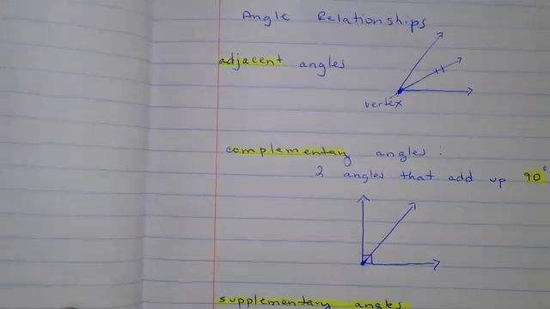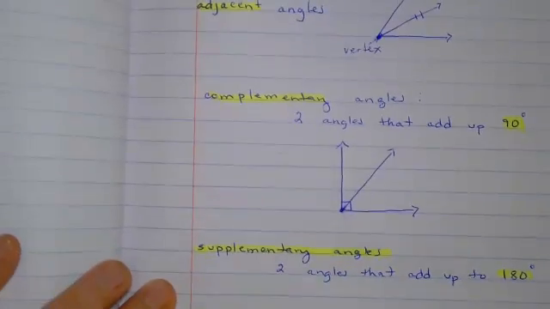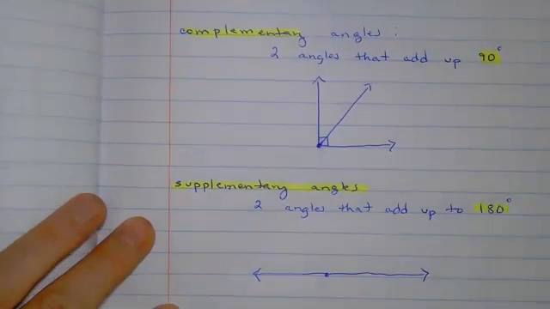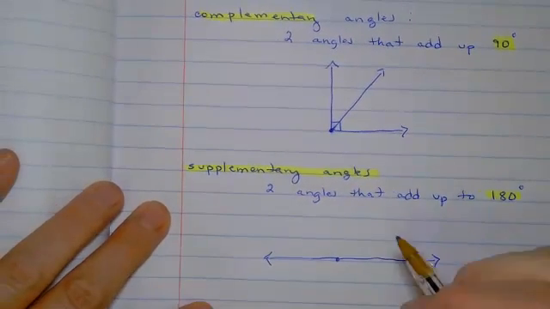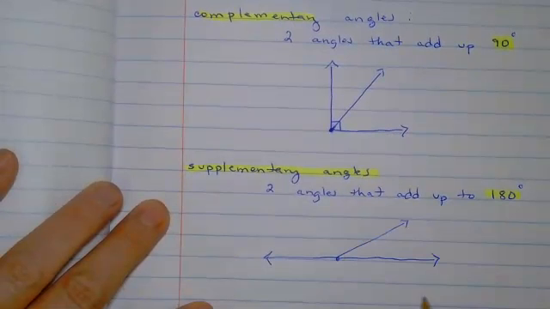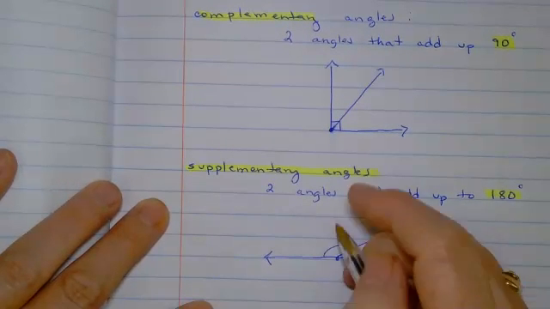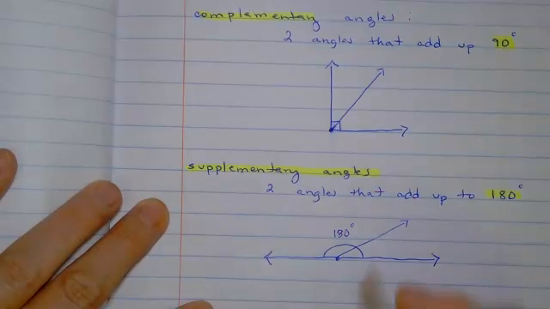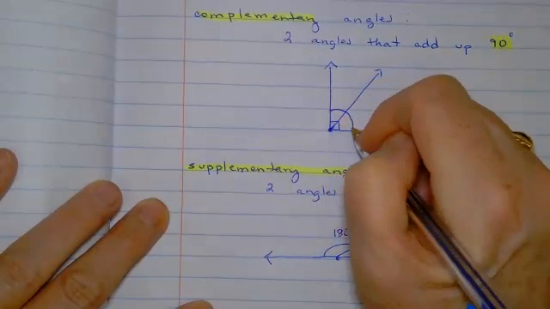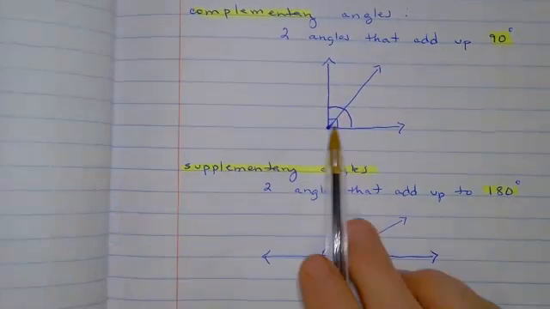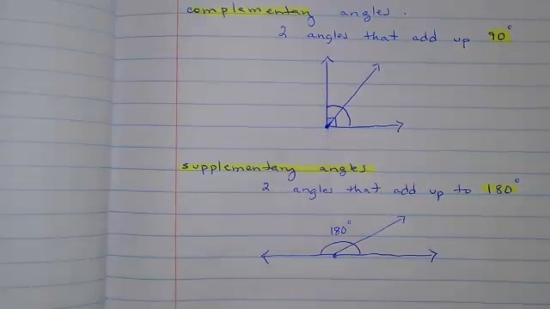And remember, a 180-degree angle is a straight line. So supplementary angles would be like this angle plus this angle next to it. If you add them together, it's 180 degrees. And you know the 90 degrees is because the square is there.